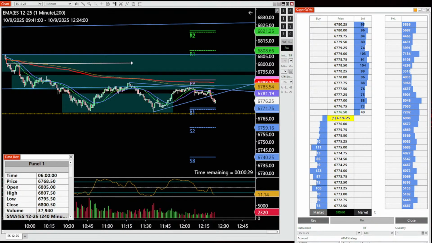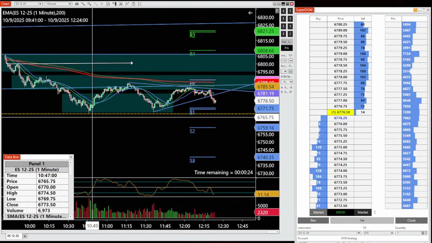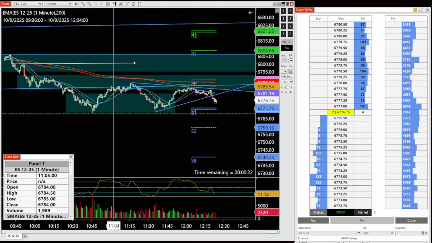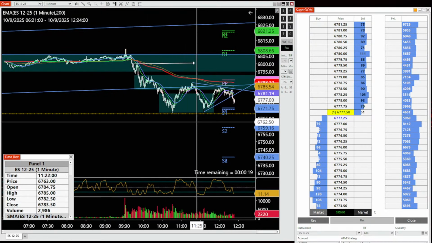Maybe it wants to break under. Maybe it wants to come and snatch some orders under here, keep all the liquidity under here, and then snatch it and run it up.